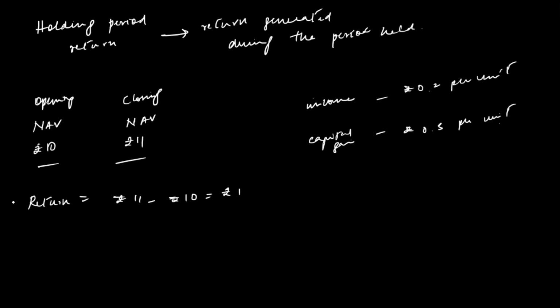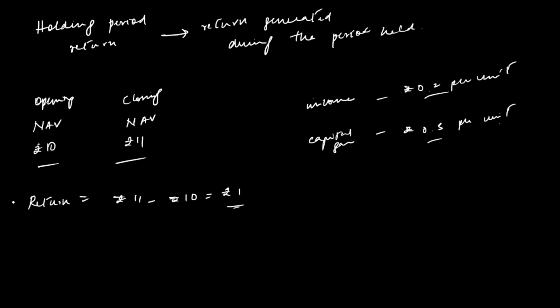Okay, so now if I want to find my return, so to this one I will add this and this and then the sum of it I will consider it to be my return, right? Because not only the change in NAV but also the distributions received in the form of income and capital gain should be considered to find out the total return generated by the mutual fund during the period held, right?